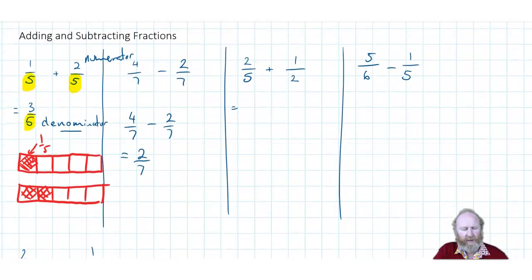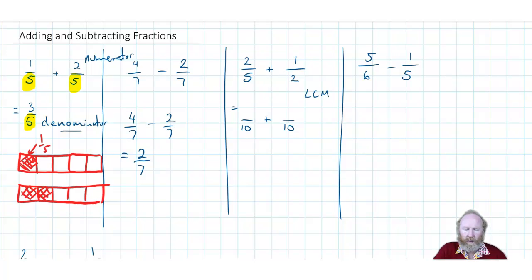I need to be able to look at this question and answer what is the lowest common multiple of 5 and 2. And in this case, the lowest common multiple of 5 and 2 is 10. So I need to make both of these things a fraction out of 10 before I can continue.